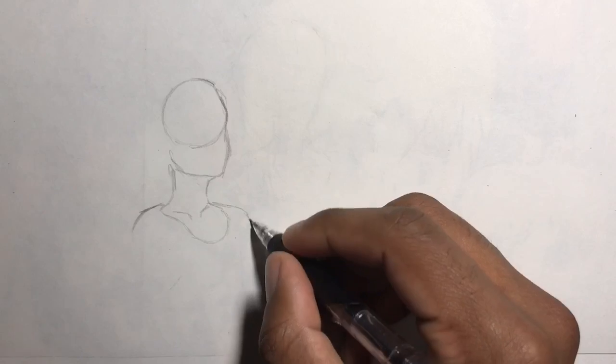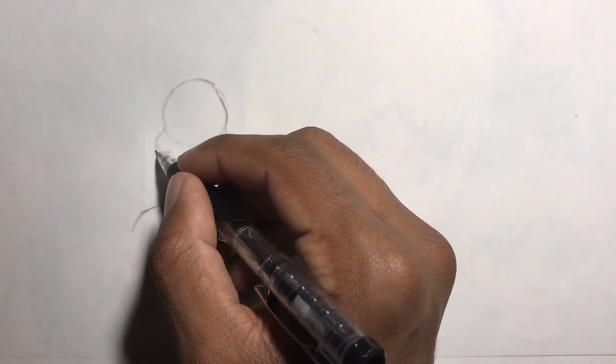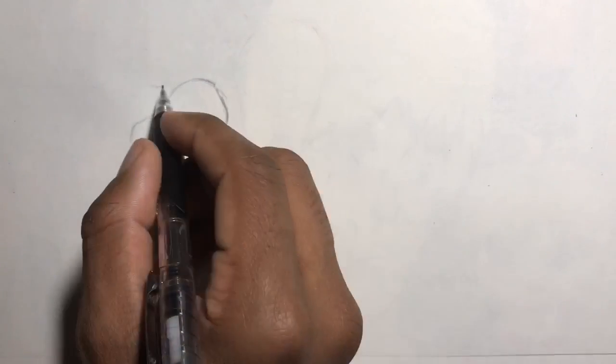Like I said before, I'm just jotting down some very sketchy lines. These aren't final. And I want to make sure that the hair of my angel is flowing very loosely to make sure that the viewer understands that they're free.